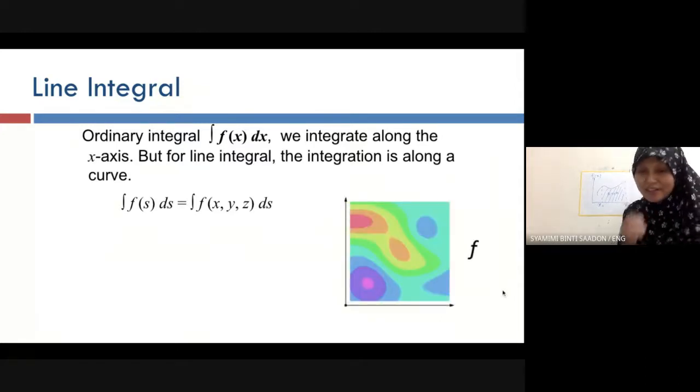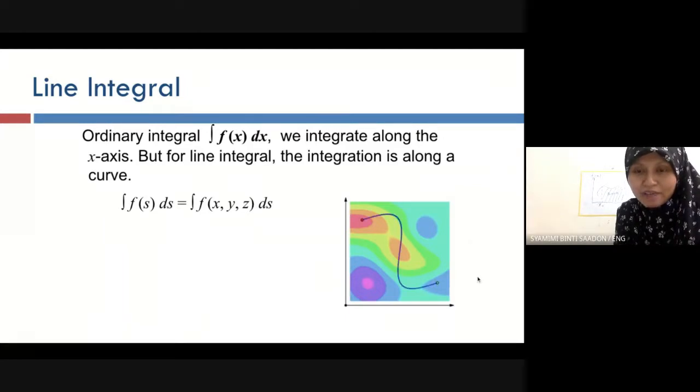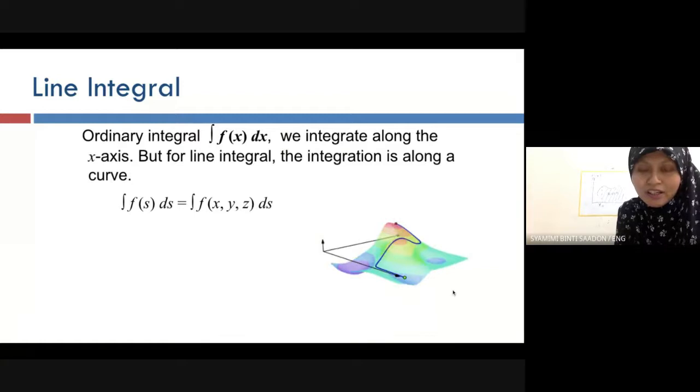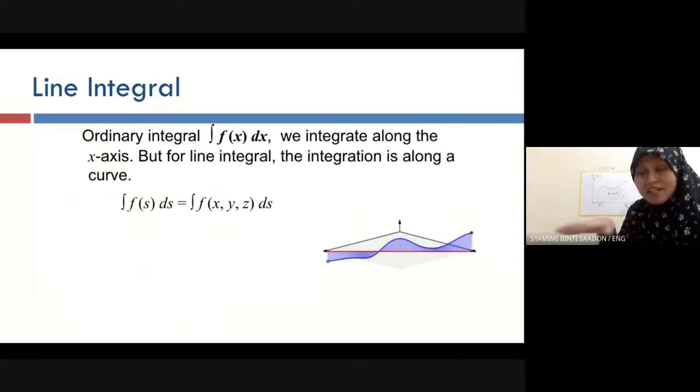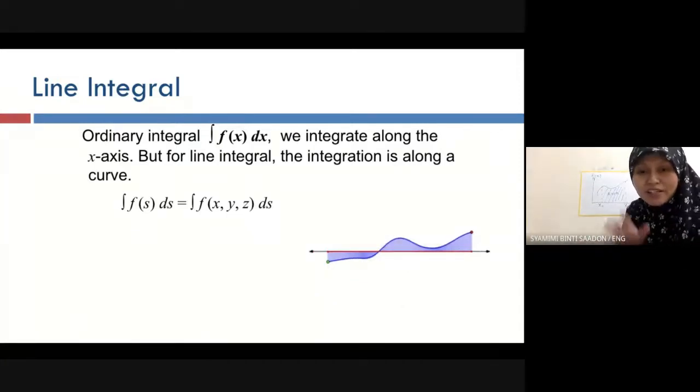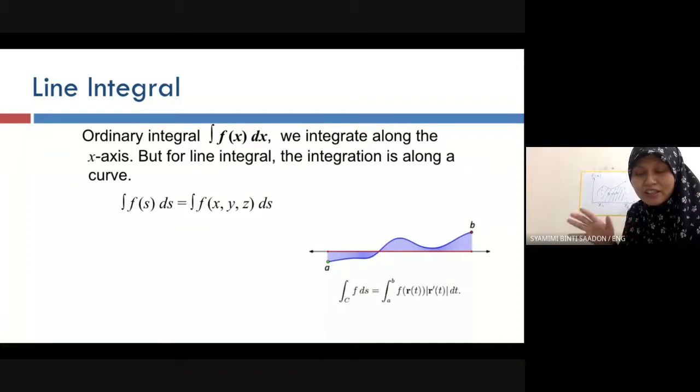One more time. Imagine you have a function f. Function f is along the surface, and you have a curve C, from A to B. When we say line integral, it means that we calculate the area of the curve like this, because it is a surface with three directions.